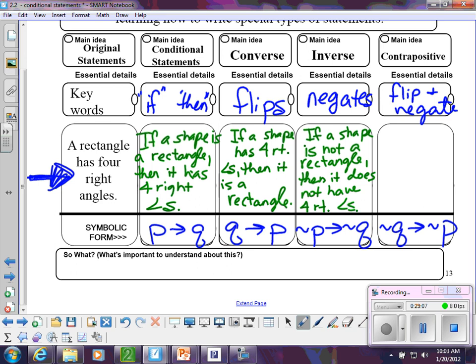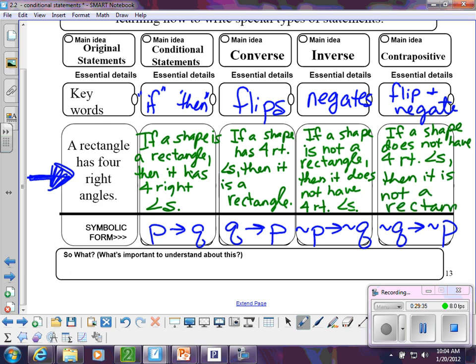Good. And the last one, flip and negate. So if a shape does not have 4 right angles, then it is not a rectangle.